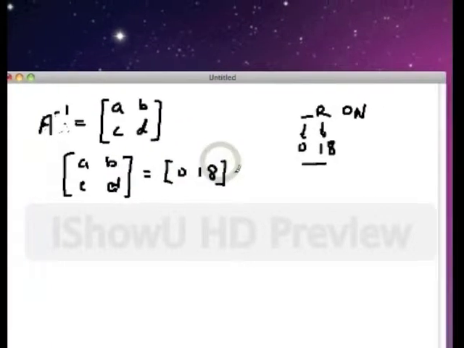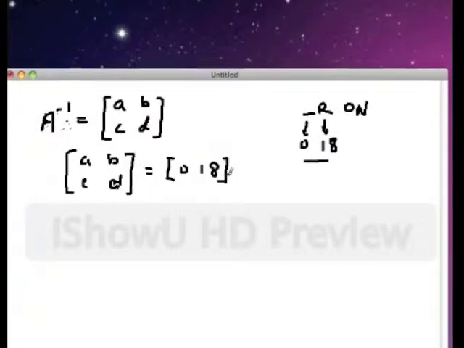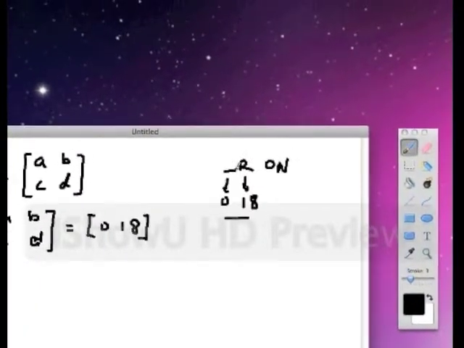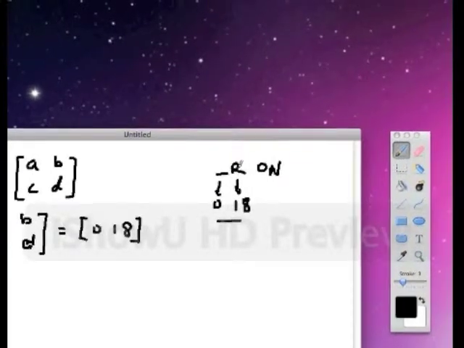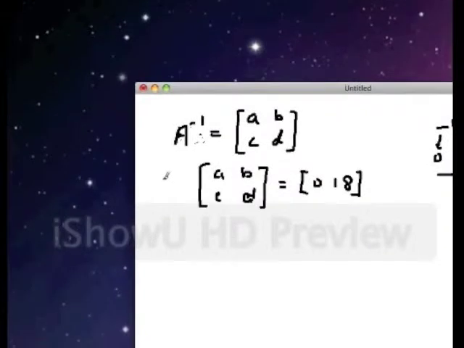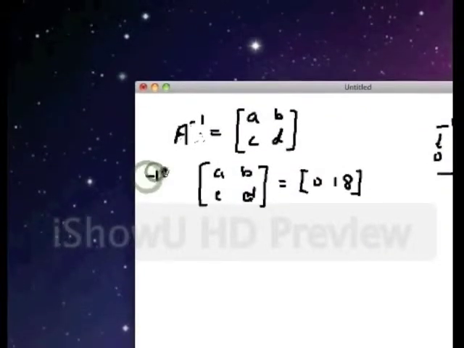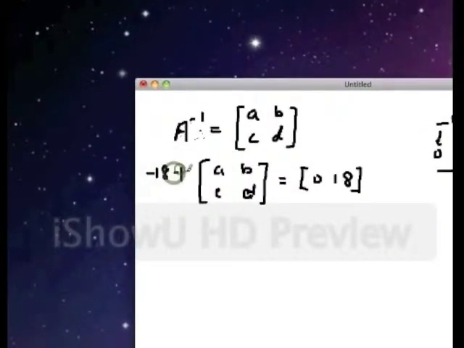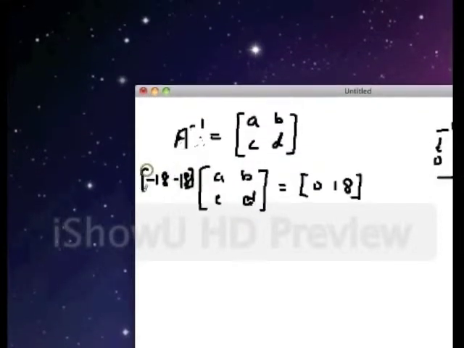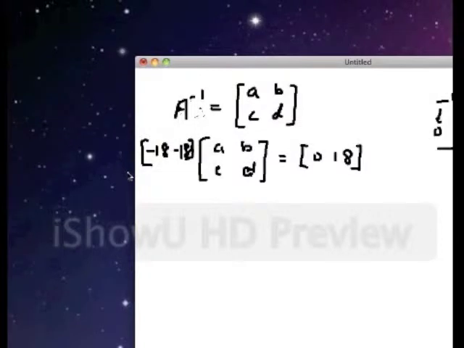Now, what have we put in there? Our code that we got put in there, those two that line up, notice that we have these last two, and then it's the two before that. We had a negative 18 and a negative 18, and we multiplied those together.